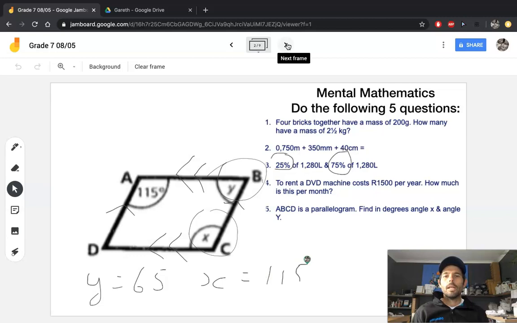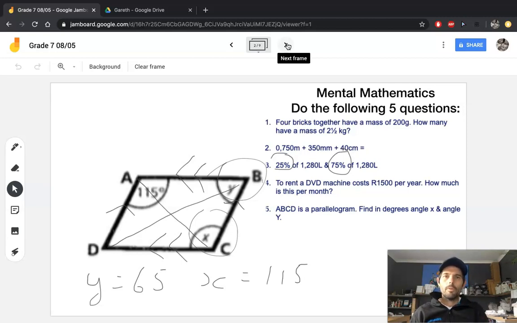You could have also said X is 115 because opposite angles in a parallelogram are equal. So these 2 angles are going to be equal. And if you had worked out Y and you needed to work out the angle at D, you could have said that D was equal to 65, also because opposite angles in a parallelogram are equal. But the co-interior angles being supplementary are just as good a reason as opposite angles being equal.